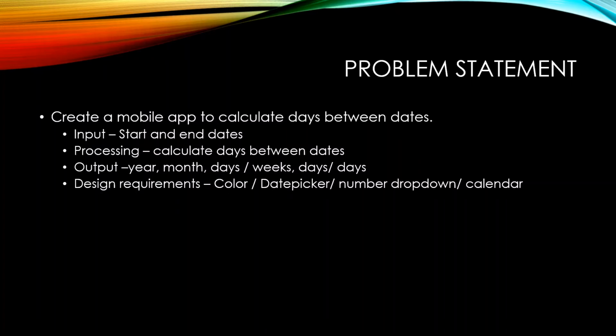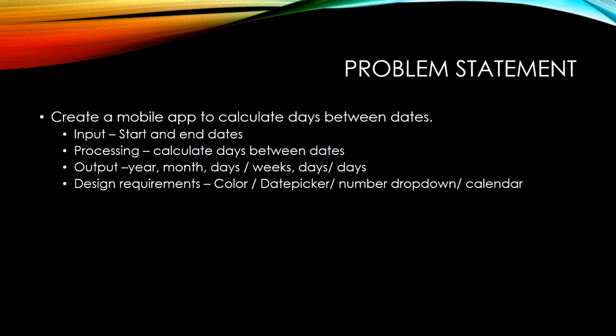You have to decide on the color palette and the different design elements which you would like to add on the mobile app screen. First is a date picker for picking the start date and end date, or a number drop down.